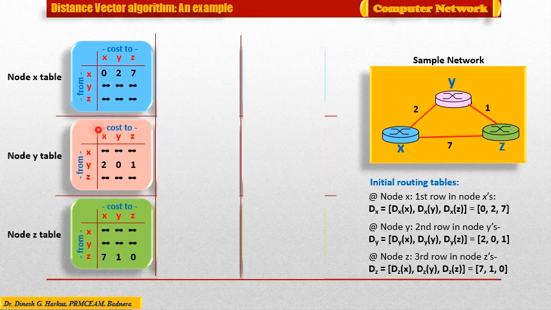Here, this particular column displays the 3 initial routing tables for each of these 3 nodes X, Y, and Z respectively.